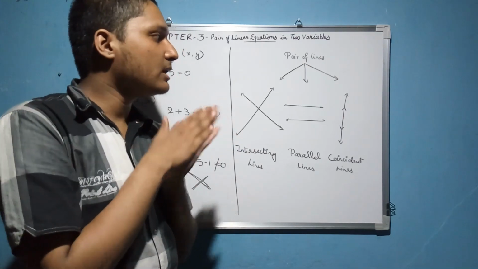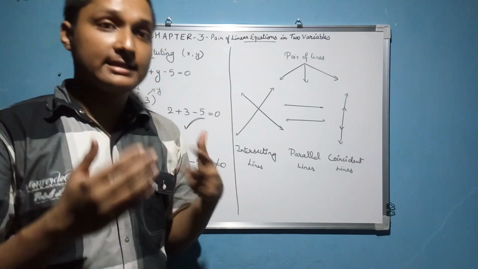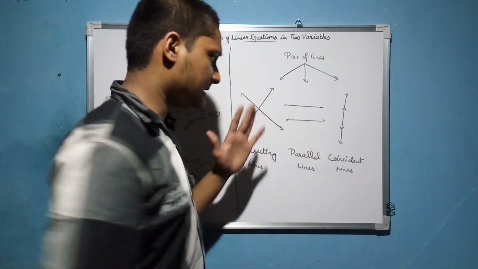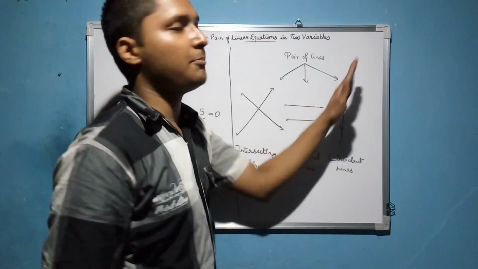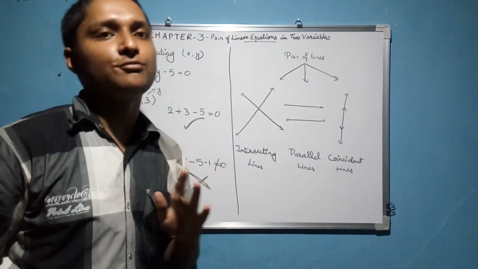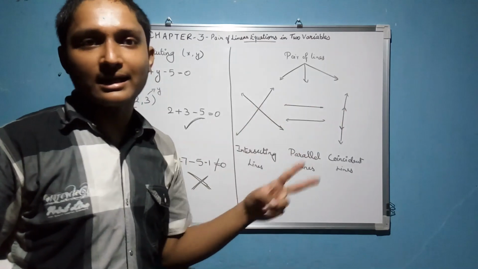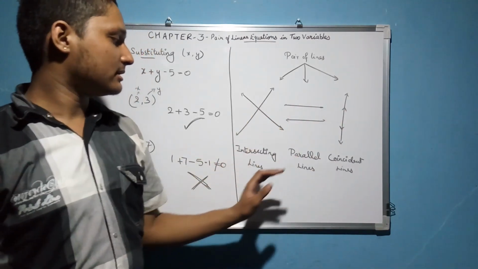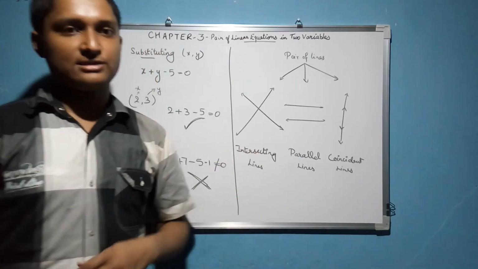We'll learn more in the next part. The meaning of coincident lines is that one line is superimposed on the other, such that you cannot make out whether it is the first line or the second line you are talking about. That is coincident, intersecting and parallel lines.